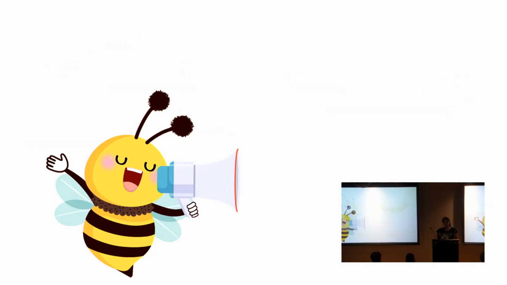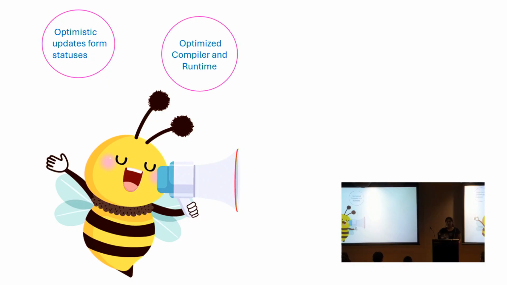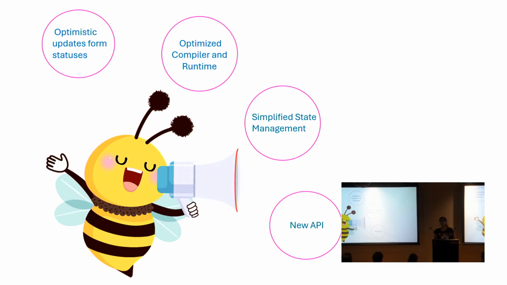As I said before, React 19 has numerous new features, but I chose just some of the main and biggest ones, like optimistic update, form status, optimized compiler and runtime, simplified state management, and new API.